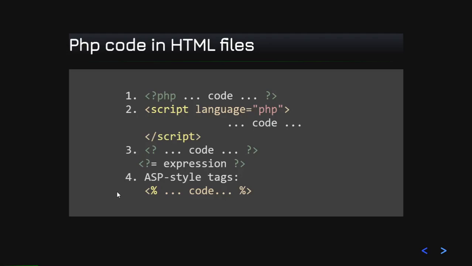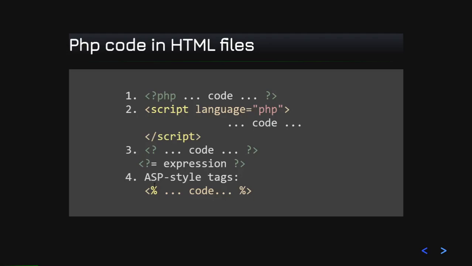And the PHP code is usually, most of the time, written inside this question mark PHP tag, but it can also be written inside the script language PHP tag, or inside this short tag, or this one, which just replaces the value of this PHP expression with its actual value.